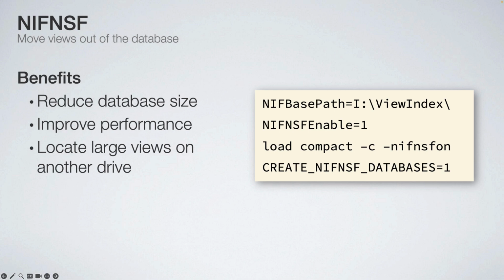You enable it. You say NIF NSF enable 1, and load compact to all databases or to some databases will enable it, will turn NIF NSF on. And if you want, by default, since now every new database that will be created to be enabled for NIF NSF, you can use the last parameter.